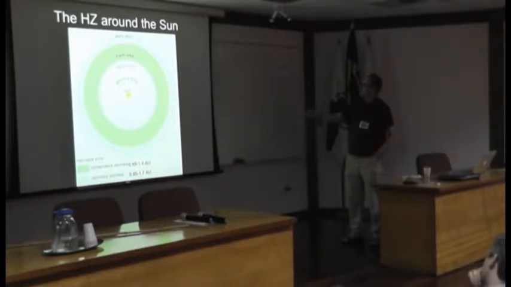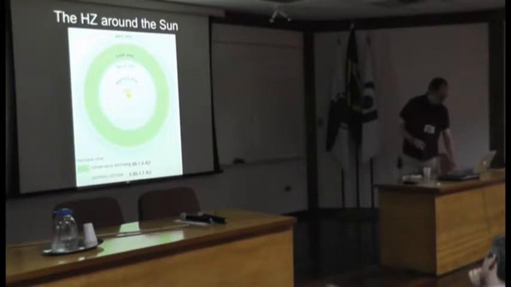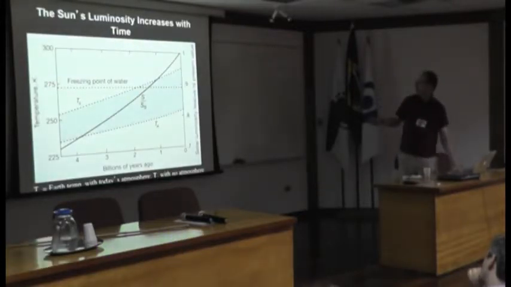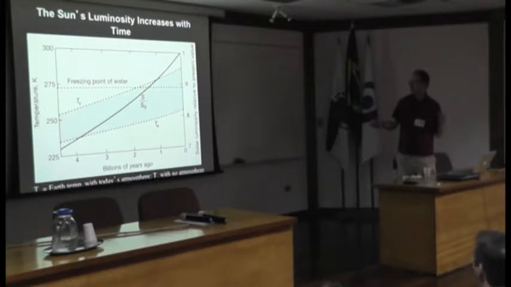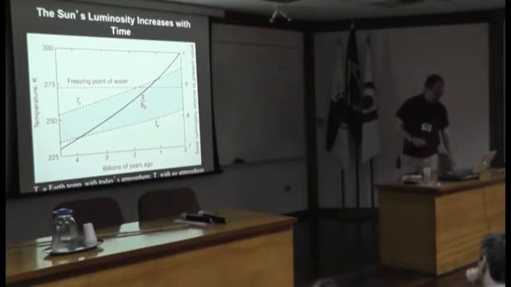And the Earth's orbit is pretty close in this conventional view to the inner edge of the habitable zone. But fortunately, it's been continuously habitable because despite the increase in the solar luminosity with time, it's able to regulate the atmosphere and change its greenhouse effect through the carbonate-silicate cycle.